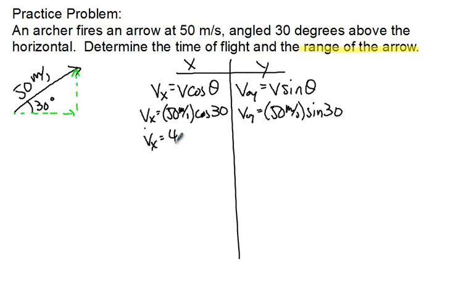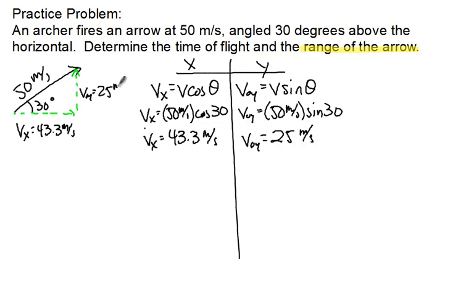If you did not get 43.3 meters per second, check your mode of your calculator. You may be in radians. Okay, on the y side, we're going to do the same thing, and we're going to get 25 meters per second. Okay, so for our vector over here, we're going to say that the velocity in the x direction is going to be 43.3 meters per second throughout, and that the initial velocity in the y direction is going to start off at 25 meters per second.